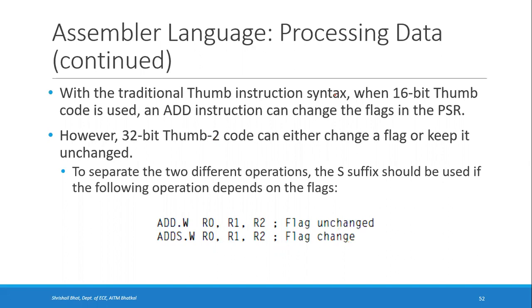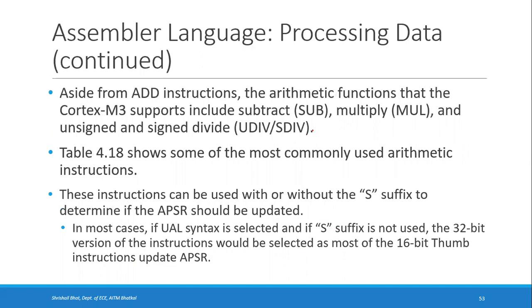Apart from the ADD instruction, we also have other arithmetic functions like subtract, multiply, and divide. Again, signed divide and unsigned divide. These instructions can have the suffix S or not. If there is suffix S, that means the flags or APSR should be updated. Otherwise, the APSR will not be updated. In most cases, if UAL syntax is selected, that means Unified Assembler Language is selected, and if the S suffix is not used, then the 32-bit version of the instruction would be selected.